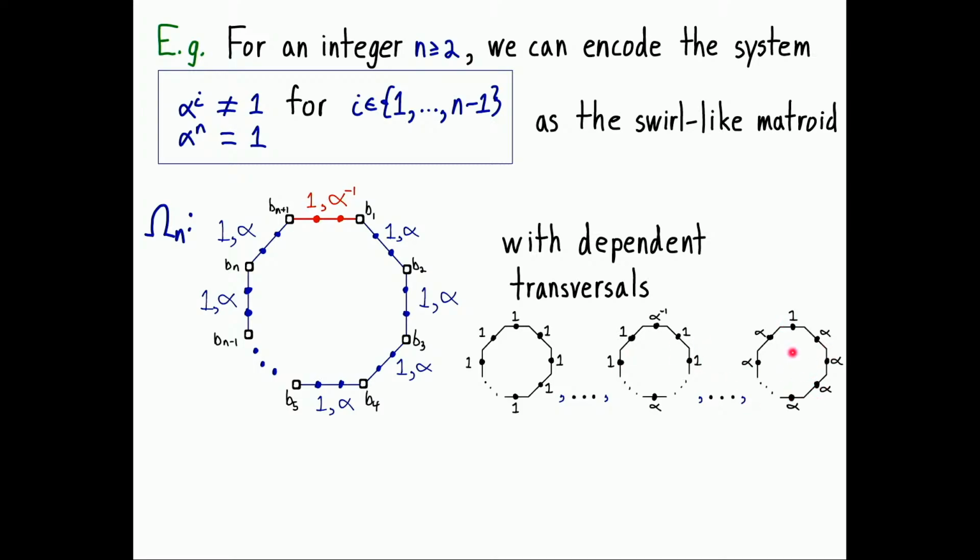And the final one gives that alpha to the n is 1, because we have n alphas, and this dependency ensures that alpha to the n is 1. And the fact that we have no other dependent transversals, specifically no dependent transversals that contain fewer alphas, means that no smaller power of alpha is 1.